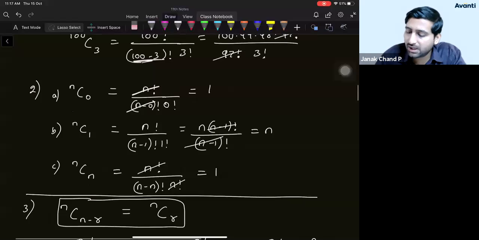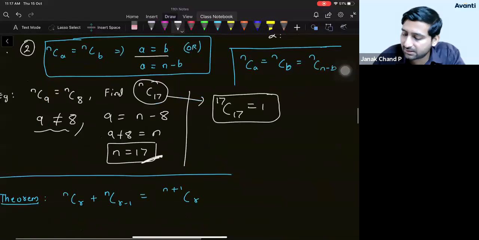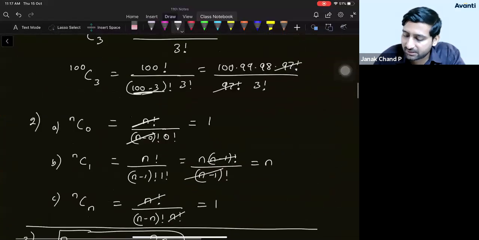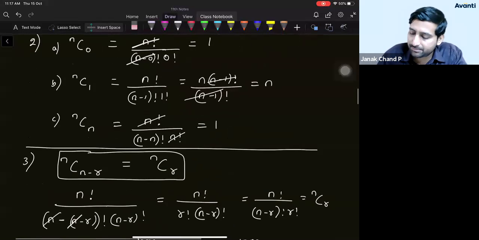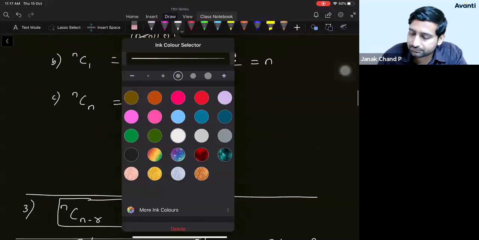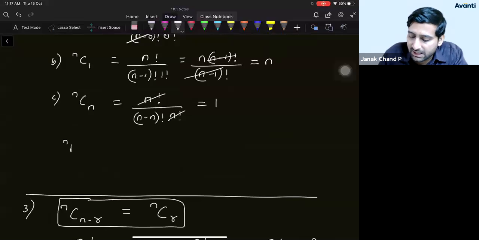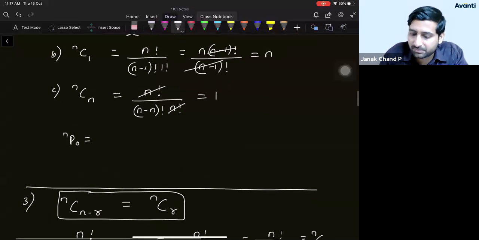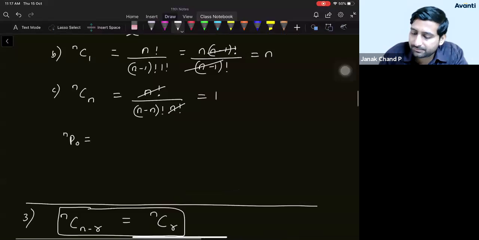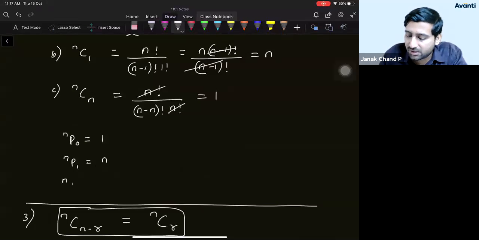If you want, I will just write the value of nP1 so that you can compare it. I think it is better to do the comparison here. So nP0 is how much? Anyone remembers? I'm just doing the comparison. Yes, the value of this is, student, 1. The value of nP1 is basically n, and the value of nPn is n factorial.